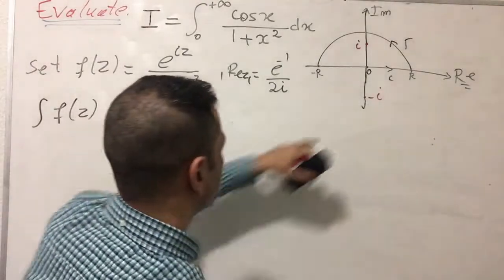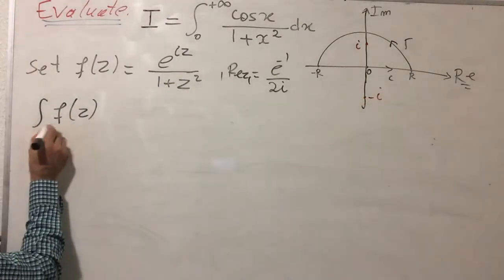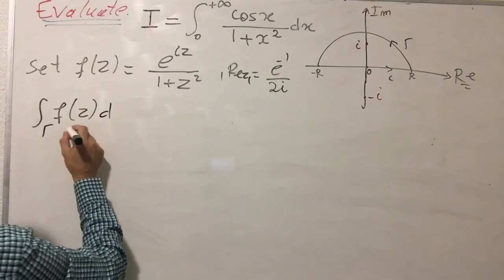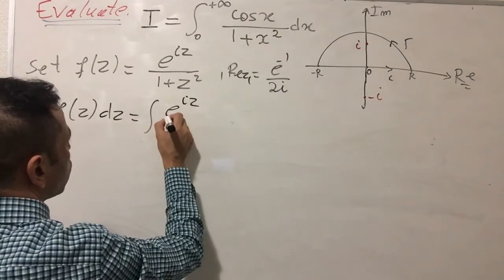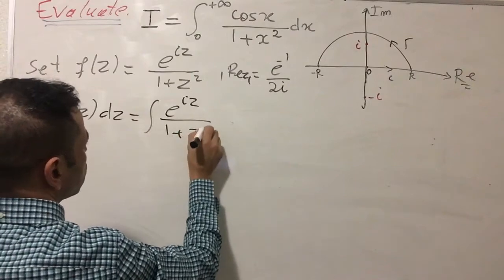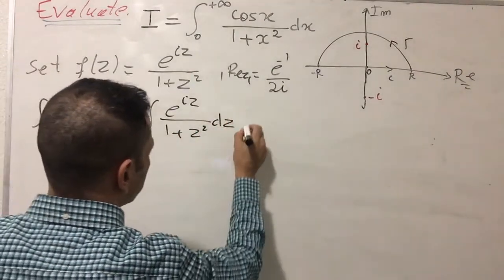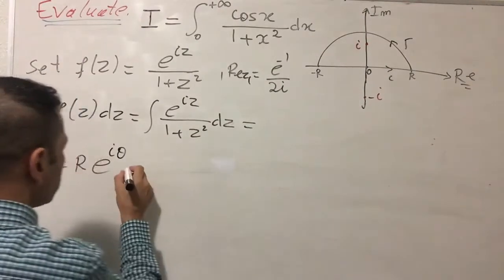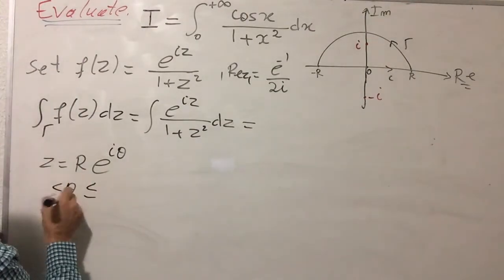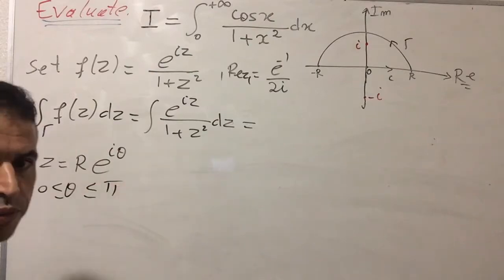So I'm going to evaluate this integral over gamma, the integral of f of z dz, equal to e to the iz over 1 plus z squared dz. Let z equal r e to the i theta, as theta is between 0 and pi.